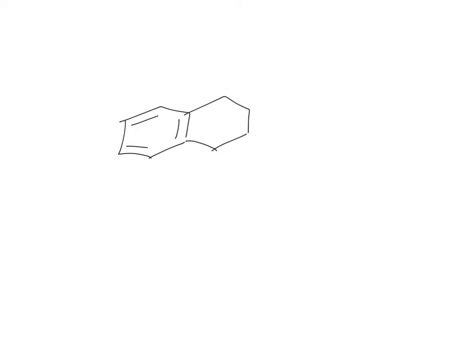So I would consider the whole compound aromatic, even though there's one spot that is aromatic. So we would say this compound is aromatic. Does that make sense? Even though this part is not aromatic. So only one part of the molecule is aromatic, but just as we talk about things, we call everything aromatic if it has one part that's aromatic.